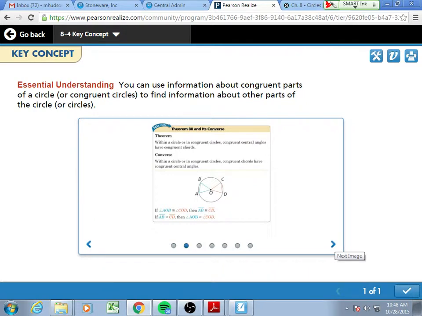An arc is part of the circle's circumference. A chord is the connection between the 2 points. So if I have an arc right here, the red line is my arc, the blue line is my chord.